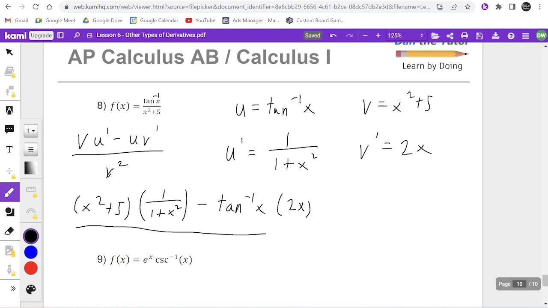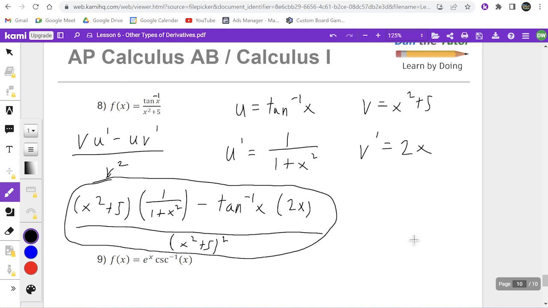And then all of that is over v squared, which is quantity x squared plus 5 squared. And again, we don't have to reduce this. This is fine. They will accept this. Any questions on that one?